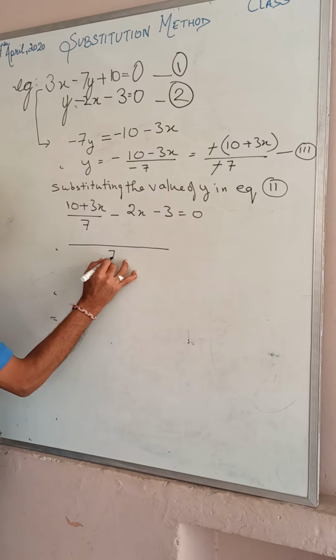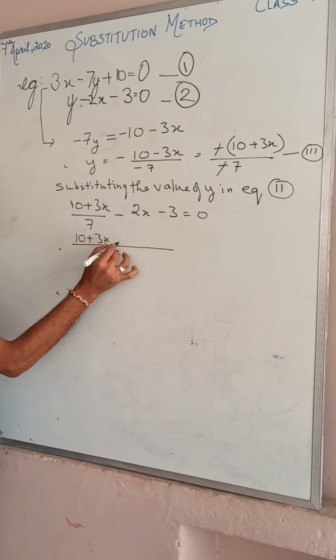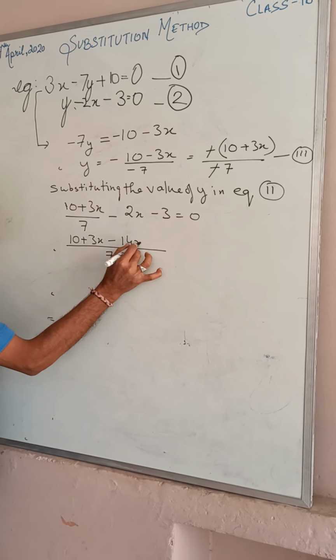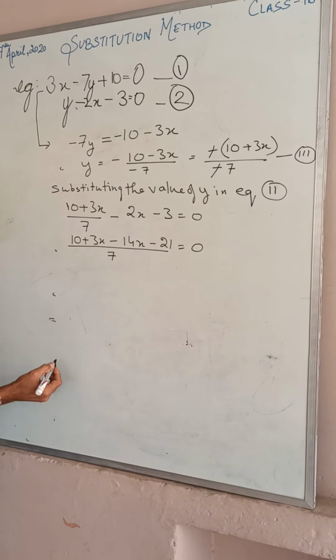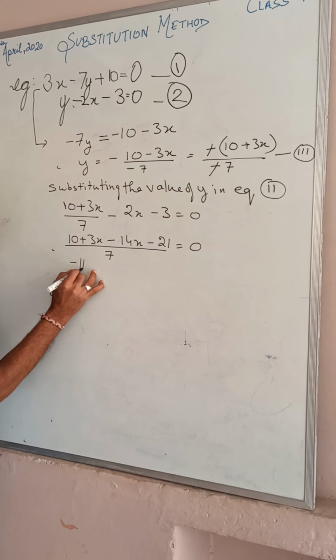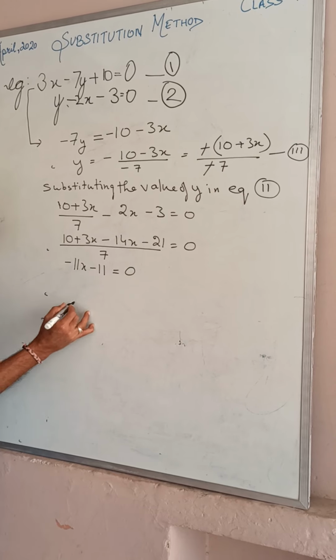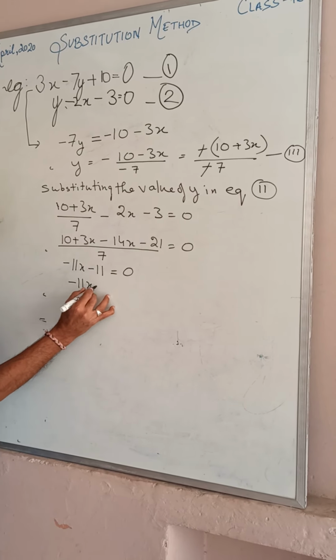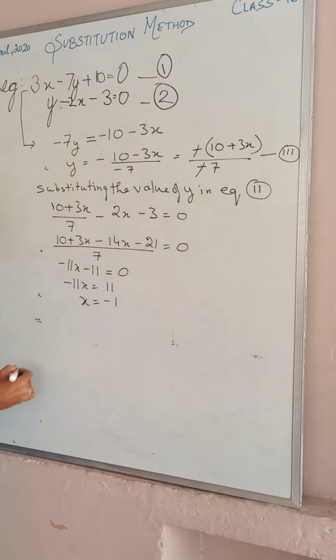The LCM will be 7. I get 10 plus 3x minus 14x minus 21 equals 0, which on simplification gives me minus 11x minus 11 equals 0. Minus 11x is equal to 11, or x will be minus 1.